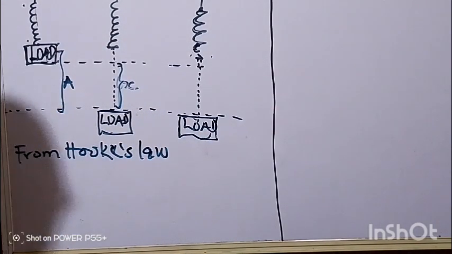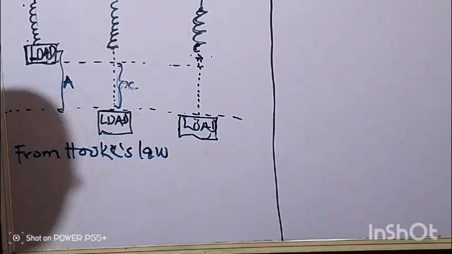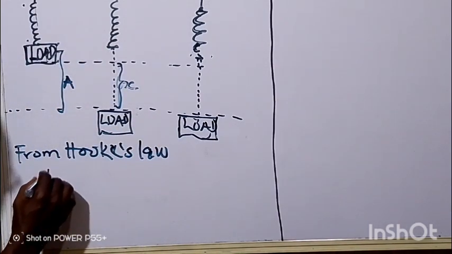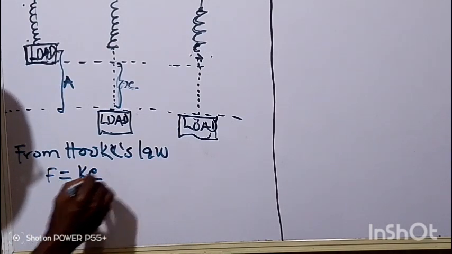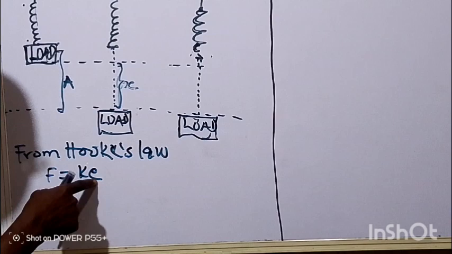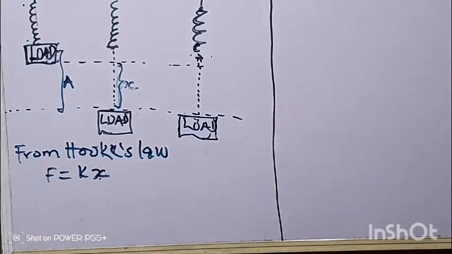But we are not dealing with extension now, we are dealing with amplitude and displacement. So from that statement, F is equal to Ke, and since we said this is extension, we now say S as displacement.